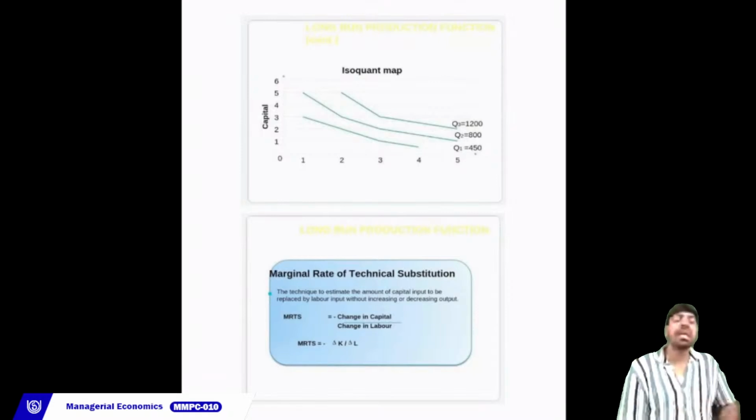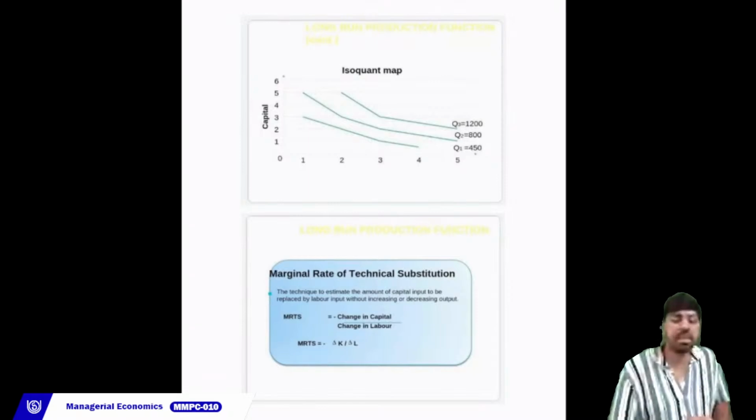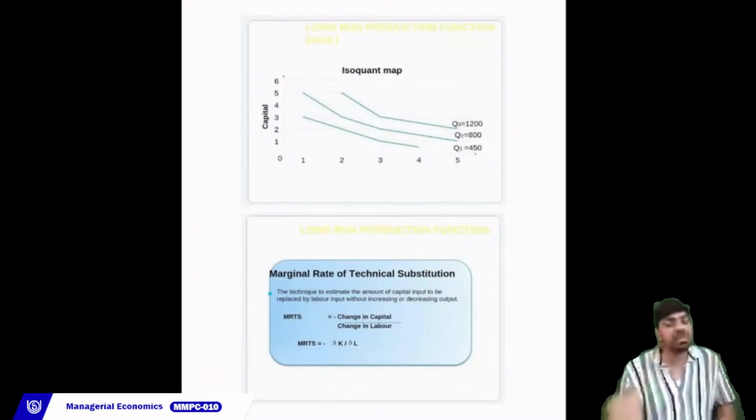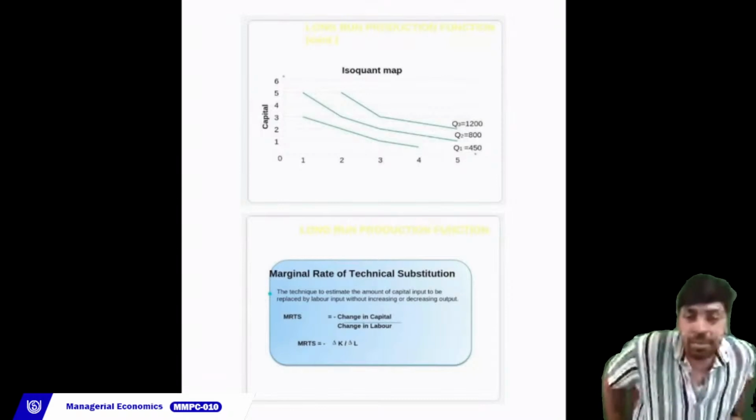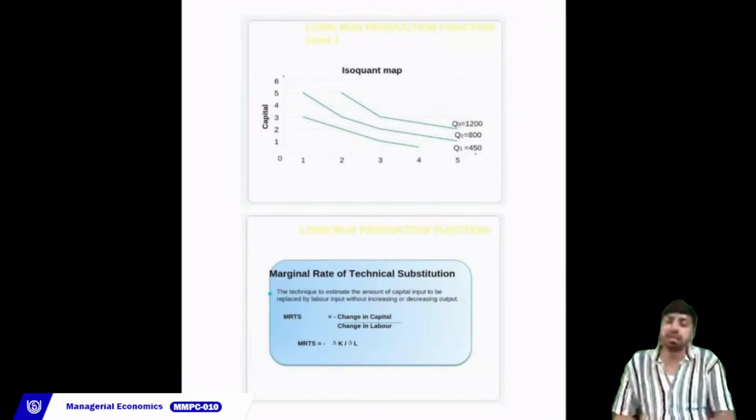It refers to a rate of sacrificing one unit for another unit by keeping the level of output constant, where one input is substituted by another, whereas the capital is substituted by labor.